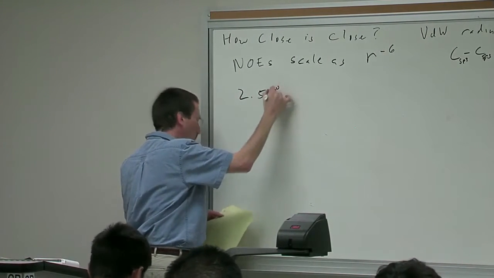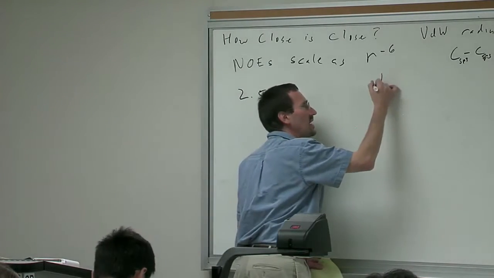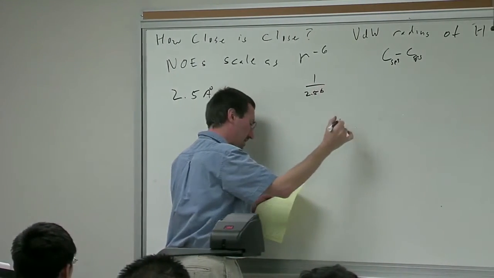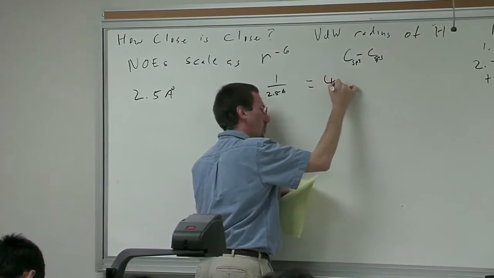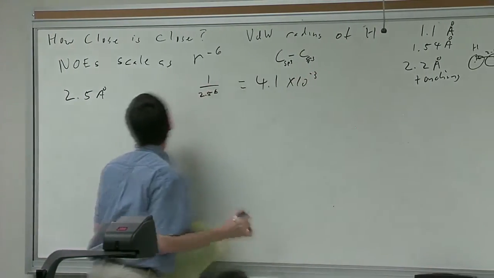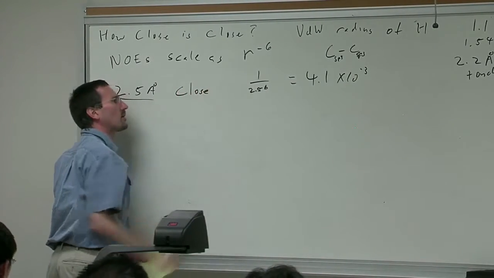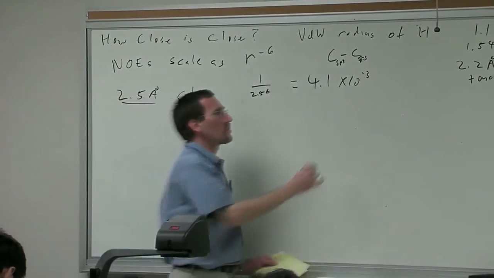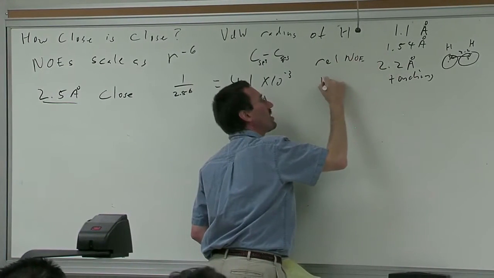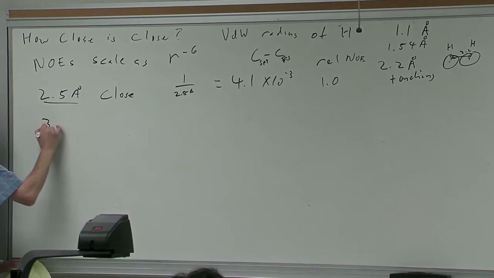So let's take 2.5 angstroms. If I take 1 over 2.5 to the 6th, that's equal to 4.1 times 10 to the negative 3. So let's say 2.5 angstroms, we'll call that close, and the relative NOE for that, let's call that 1. And then I'm just going to calibrate myself from there.